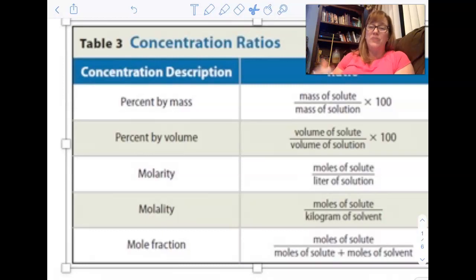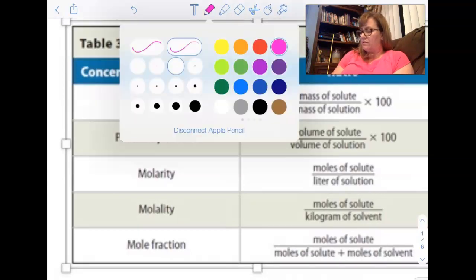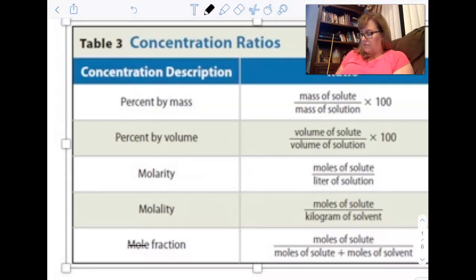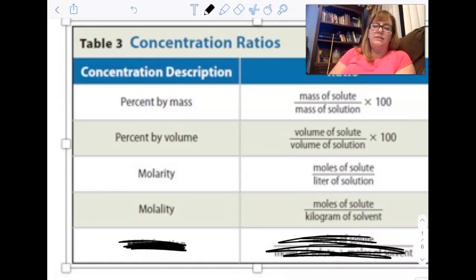Basically, how much solute is in your solution, right? I want you to notice that we will not be dealing with mole fraction. So you can just cross that one out. Don't need to pay attention to it. It is in your book. I won't be giving you any homework on it. Won't be on your test. But you will need to know percent by mass, percent by volume, molarity, and molality.